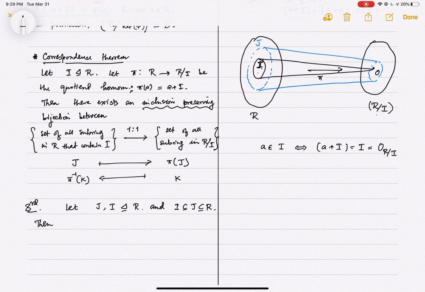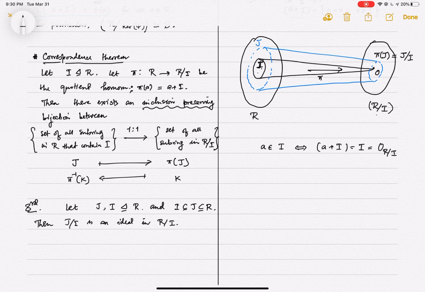I have J, so the image of J, which is pi of J, which is the same as J mod I, you can check, is an ideal in R mod I. After all, you can think of J as a ring and I is an ideal in that ring. So J mod I makes sense.